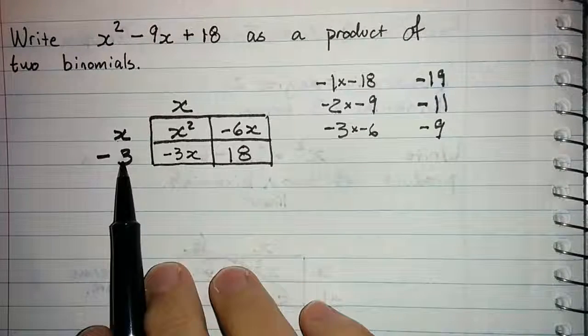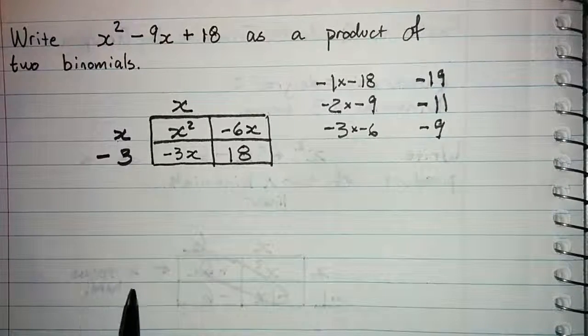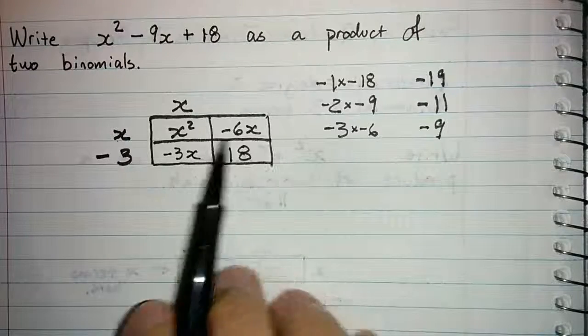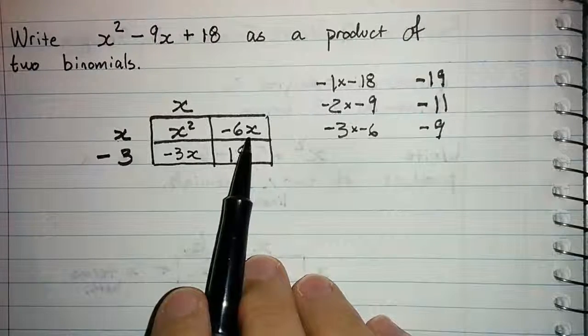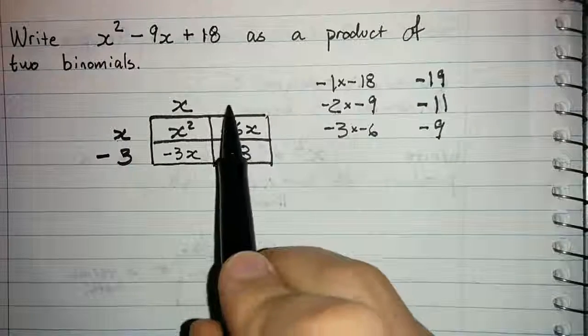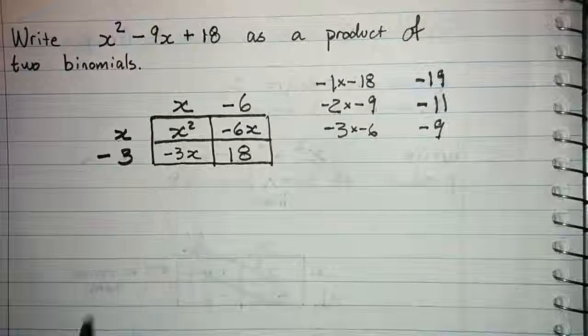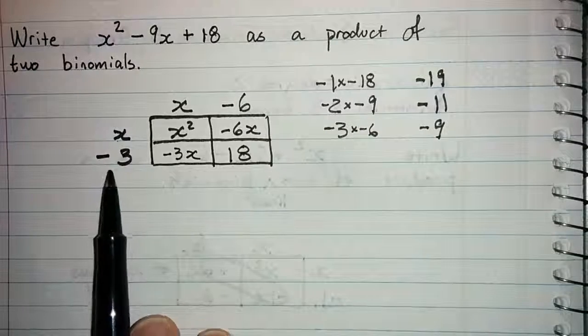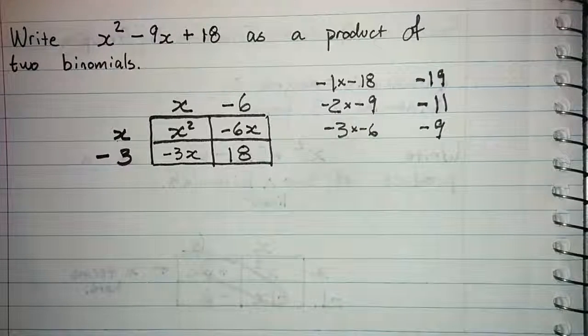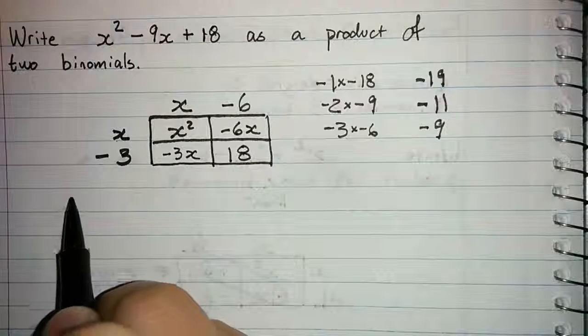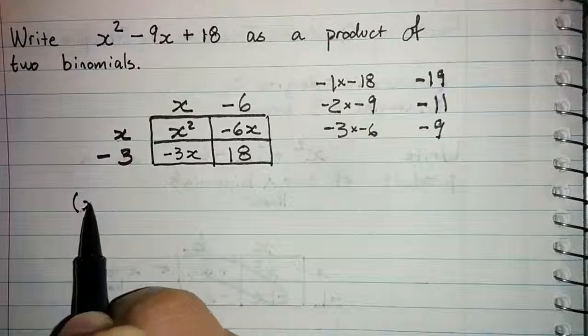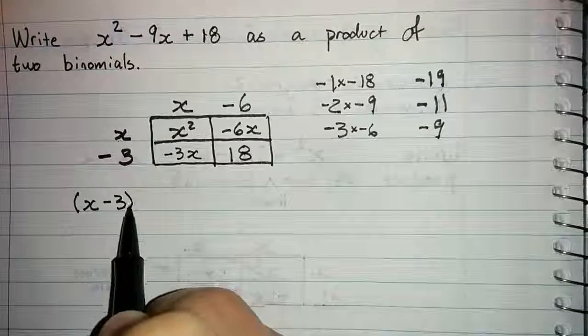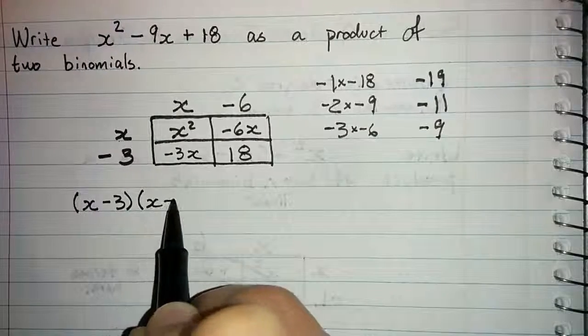Yeah, x times negative 3 gives me negative 3x. X times what gives me negative 6x? X times negative 6 gives me negative 6x. Does negative 6 times negative 3 give me positive 18? Yes, it does. So what are my factors? X minus 3 times x minus 6.